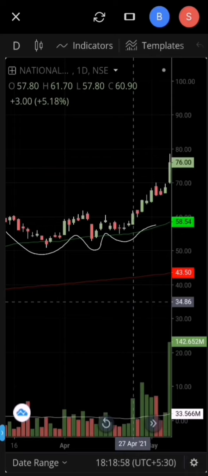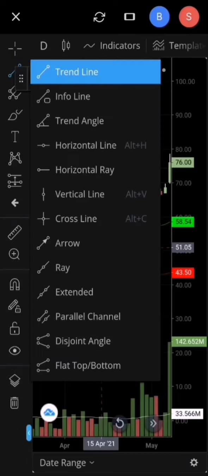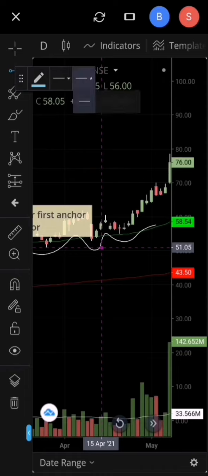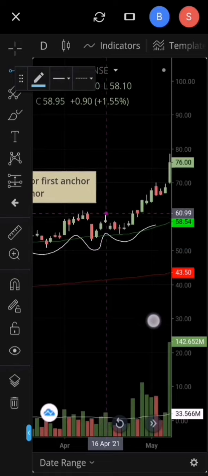On the day of 27th April 2021, when the stock broke out, or you could say closed almost near its supply zone, we could see there is a blast in volume, huge volumes coming in. That means the buyers are really getting interested in this stock. I'll just highlight the pivot point. Pivot point is nothing but an area where you could expect the least resistance.